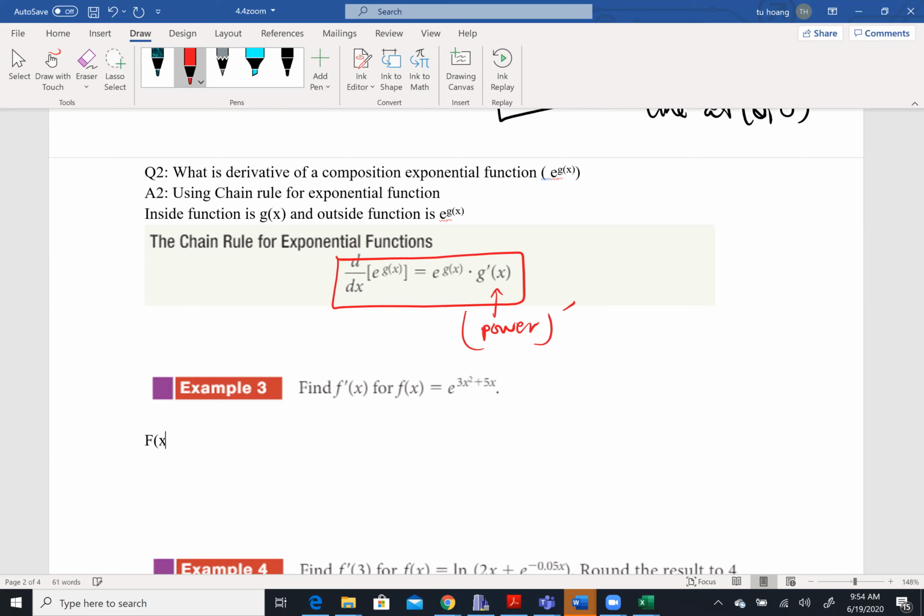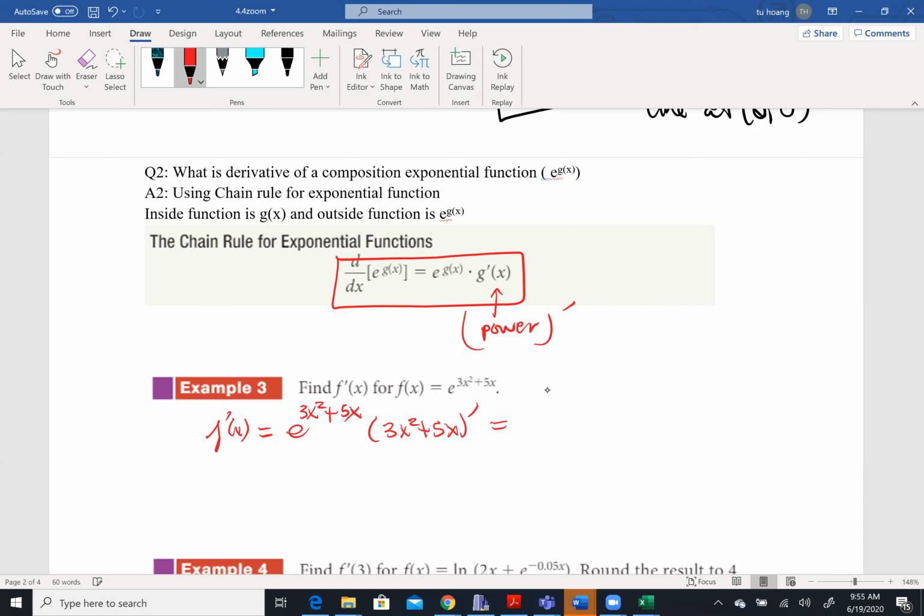So I will apply it: f derivative of x will be equal to itself, e to the 3x squared plus 5x, multiplied with the power derivative, right? So what's the power derivative? The derivative of 3x squared plus 5x.